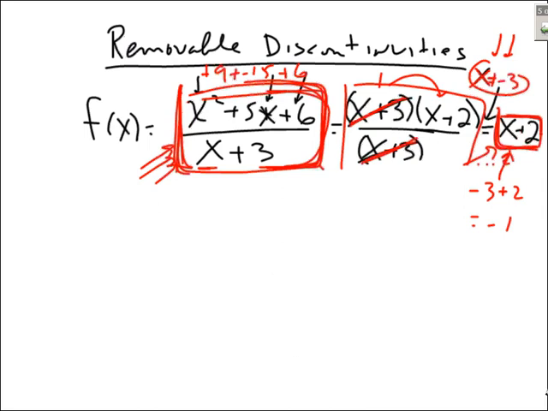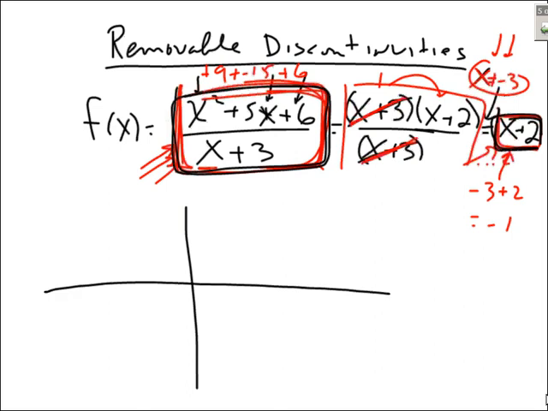Now, if I were to draw this graph, the graph being this mess, the easiest way to draw it is to draw x plus 2. After all, almost everywhere it equals x plus 2. So, do it here. Y is equal to x plus 2.